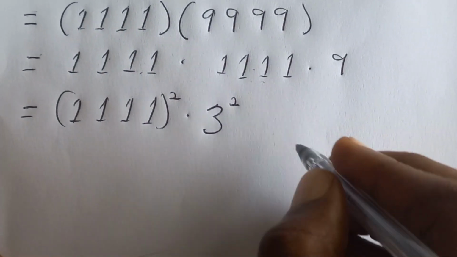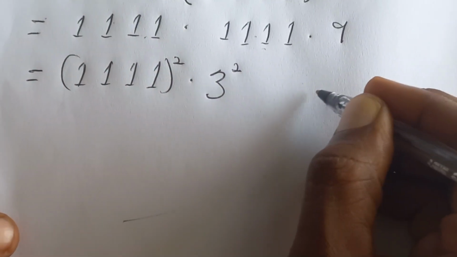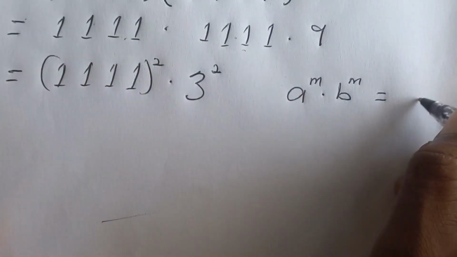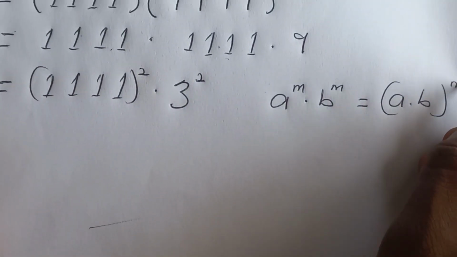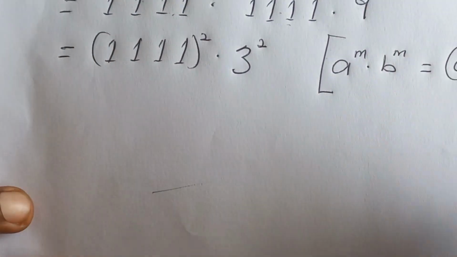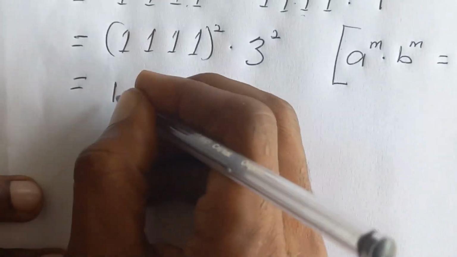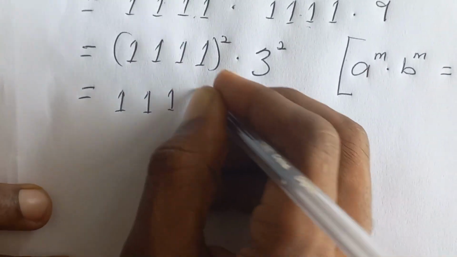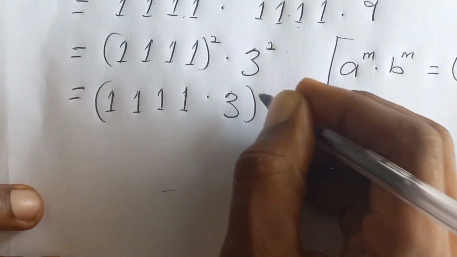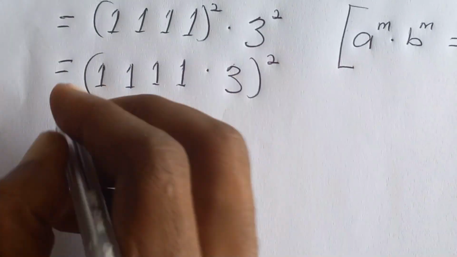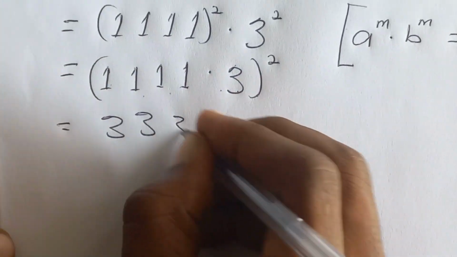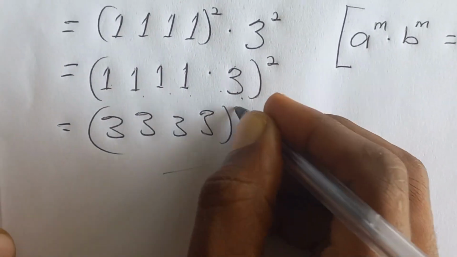Now, in algebra, we have this law: a power m multiplied by b power n, the same as a multiplied by b all power n. We are going to apply this here. So we have this equal to 1,111 multiplied by 3 all squared, which is 3,333 all squared.